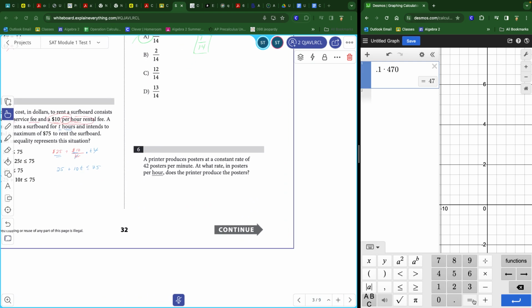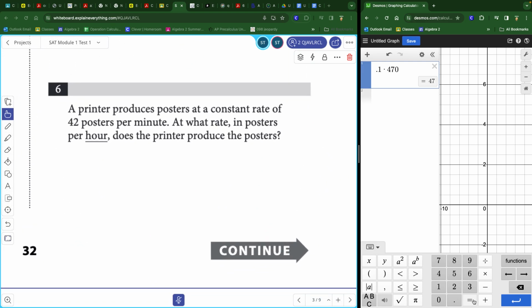And problem 6. A printer produces posters at a rate of, so there's a slope, 42 posters per minute. What is this in posters per hour? So really, this is just changing from posters per minute to posters per hour.